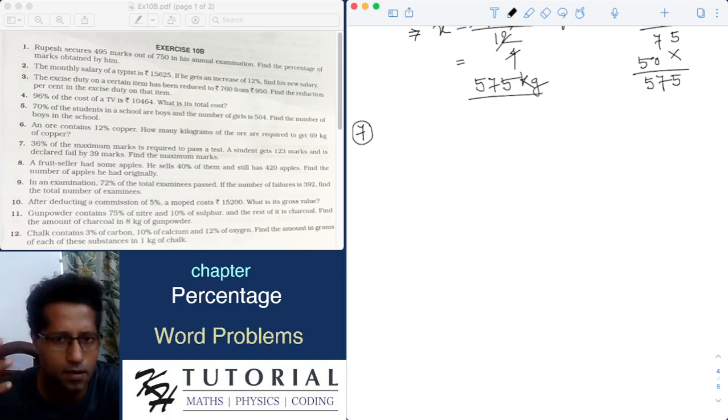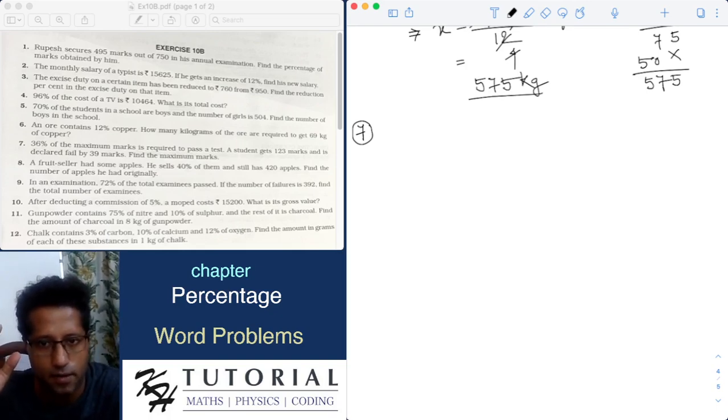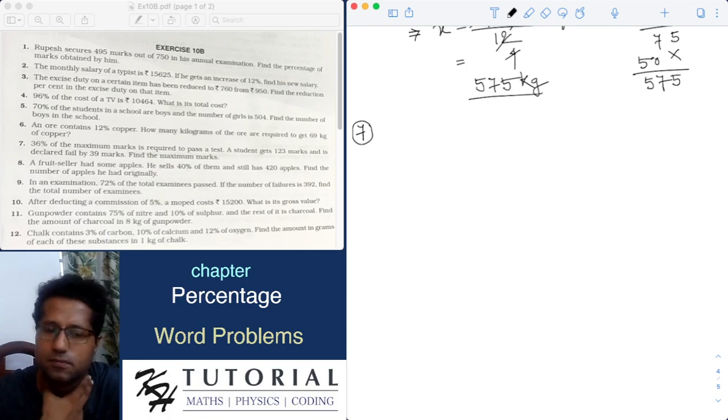So definitely the maximum marks is not 100. It will be something else. Out of that maximum marks, the student got 123 marks, and he failed because he got 39 marks less. He failed by 39 marks, which indirectly means that the pass marks was 123 plus 39. Now it is asking to find the maximum marks.